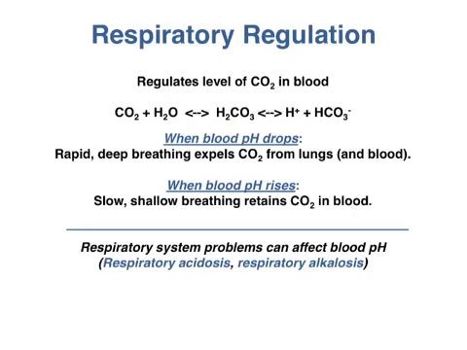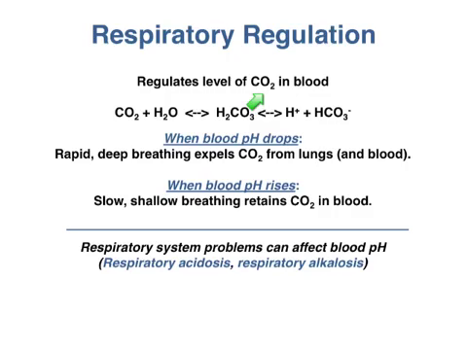Now, respiratory regulation acts by regulating the levels of carbon dioxide in the blood. As I mentioned earlier, carbon dioxide combines with water to form carbonic acid, and that carbonic acid then partially dissociates into hydrogen and bicarbonate. Now, both this equation and this equation are in equilibrium, okay?